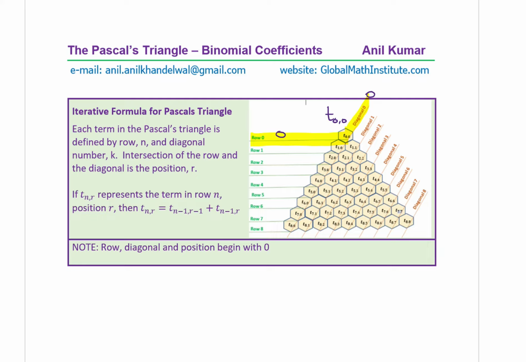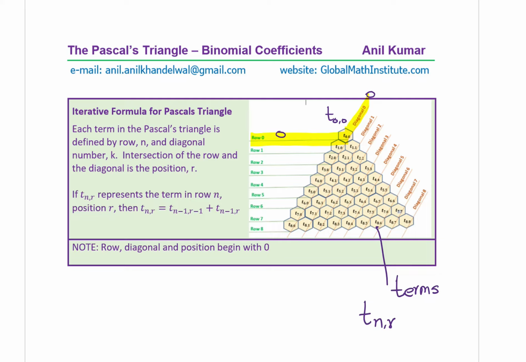So all these small units which you see are called terms. Correct? And they're normally written with T. First you write the row number, so we say n, and then we say diagonal number, but we write r there. T n, r. Both n and r begin with 0, right?